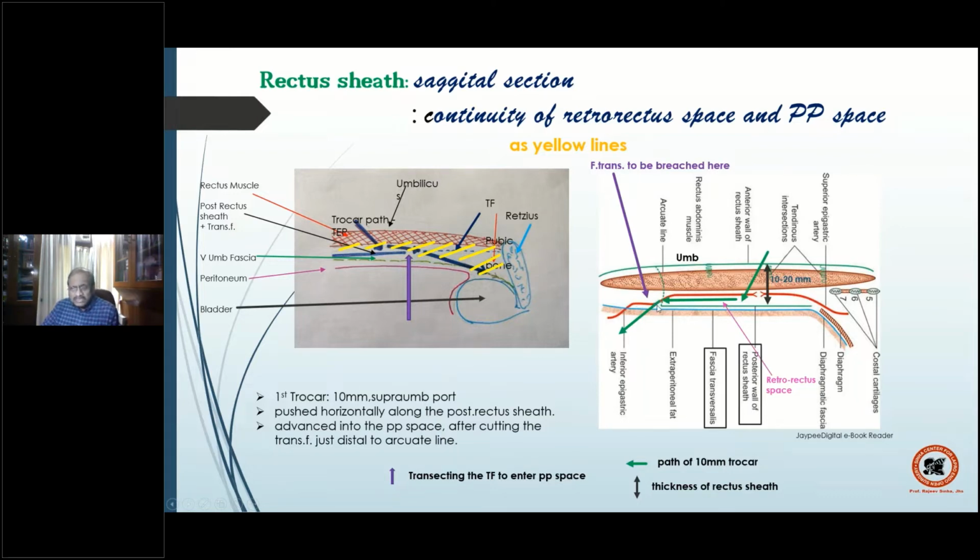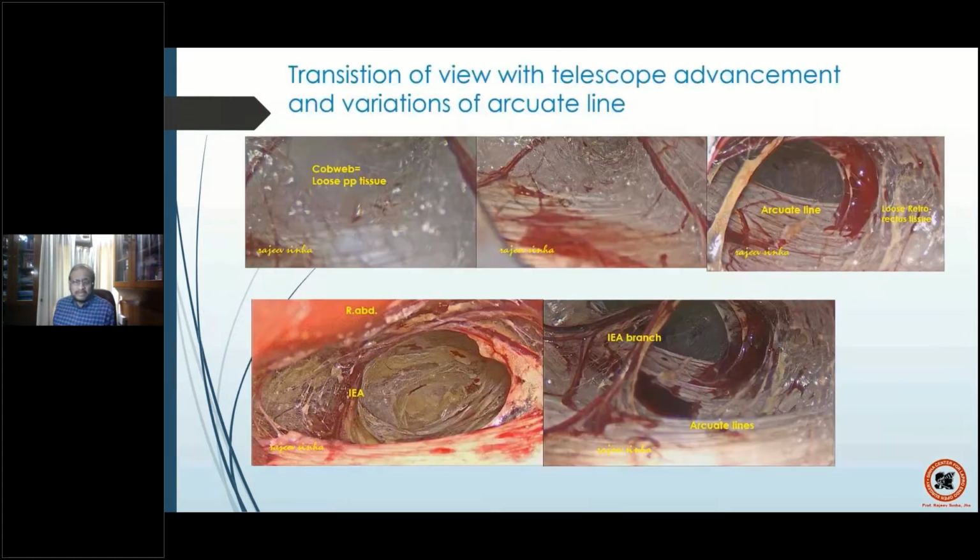So you transgress the transversalis fascia out here and then enter the preperitoneal space as shown out here. So once you have done that, the transversalis fascia is cut out here, and now the retrorectus space and the preperitoneal space become one single continuous flowing area. That gives a very, very large preperitoneal space to play about with, and it is very, very ergonomically viable. You have a lot of intracorporeal length.